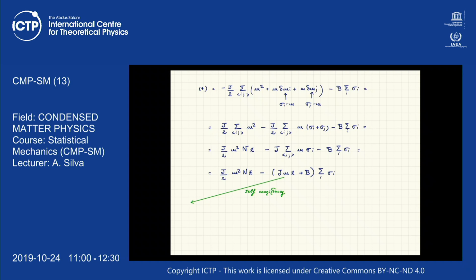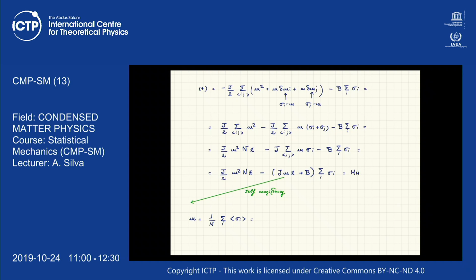So what you do is you say, well, look, M is equal to what? Is equal to 1 over n sum over i sigma i. Well, I know how to compute this average in the statistical ensemble that is given by this Hamiltonian, right? Let's call this Hamiltonian here H mean field.